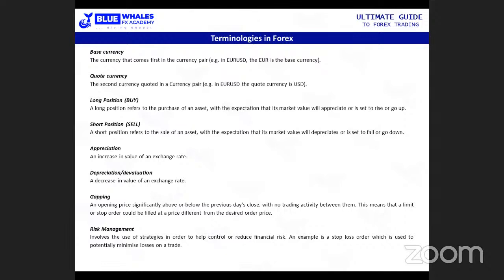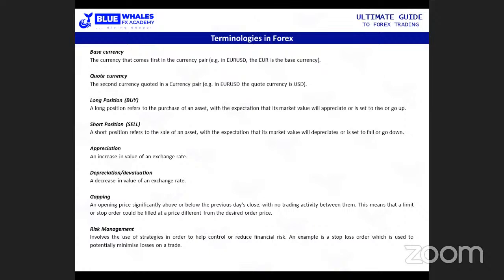This is where you sell an asset with an expectation that its market will depreciate, or is set to fall or come down. So appreciation is an increase in value of an exchange rate, and depreciation is the vice versa. It's just simple. These are just simple terms you have to know.